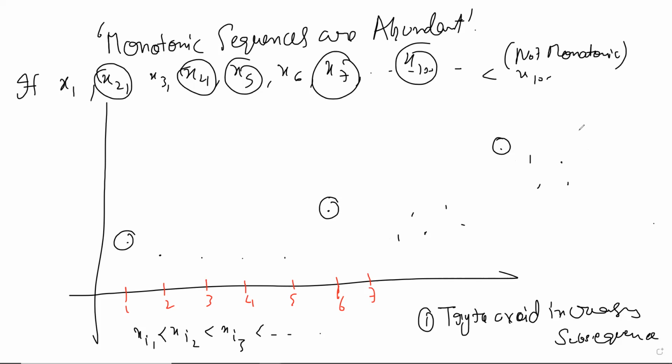How does it stop? If you want to stop it after some number of terms, right? If you stop it here, this is the peak. You can't go higher than this, right? It means that you don't want to go higher than this. So I want to avoid getting an increasing subsequence, an increasing part, right?